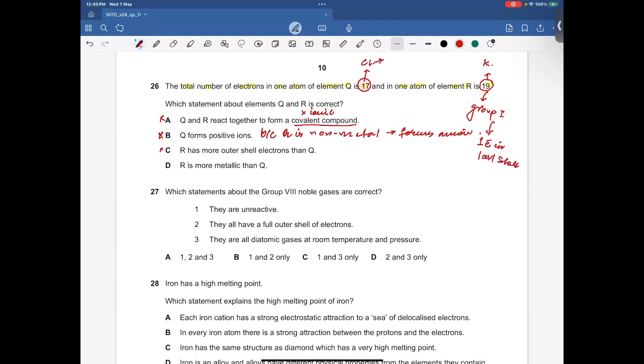Chlorine is found in group 7 of the periodic table, which means it has 7 valence electrons in the last shell. That means element Q has more valence electrons than element R, which is why C is incorrect, and therefore D is the right answer because R is more metallic than S. That's true because R is potassium, potassium is a metal, and chlorine is a non-metal.